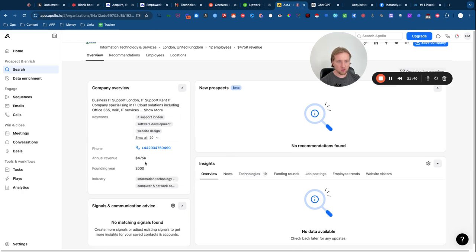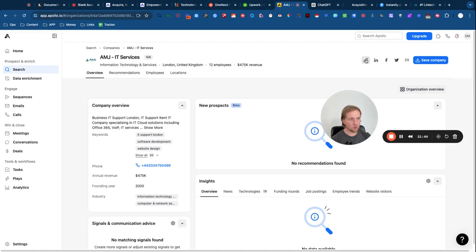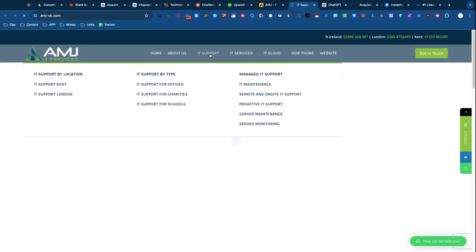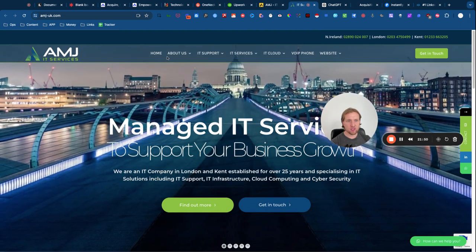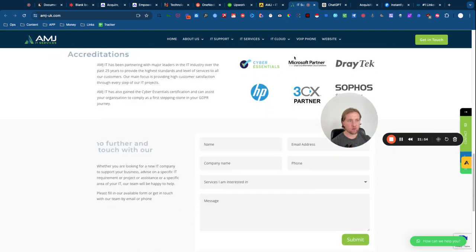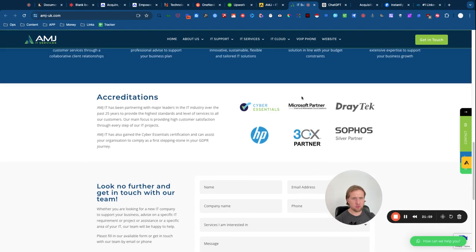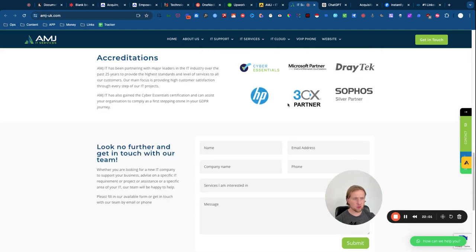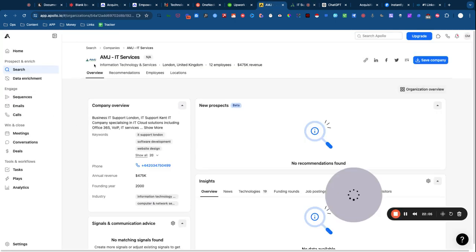So I'll go to their website, and I'll go to About Us or whatever it might be, IT services. Oftentimes they will have a list of clients. So here we go, list of clients. These are actually accreditations, but say these were clients and we went to, I don't know, Cyber Essentials.